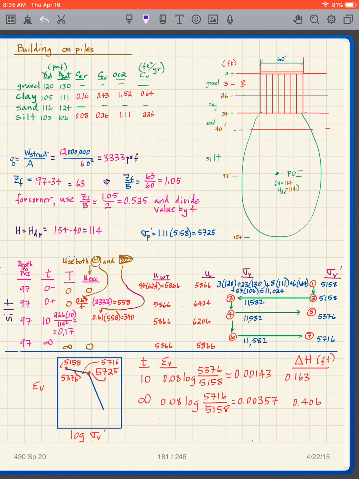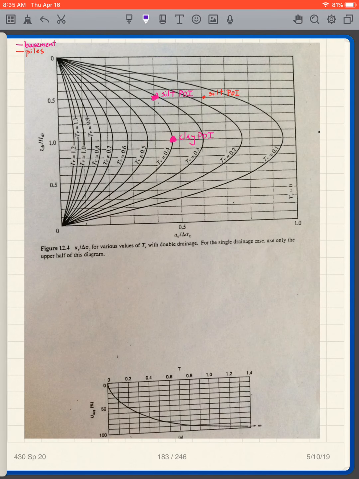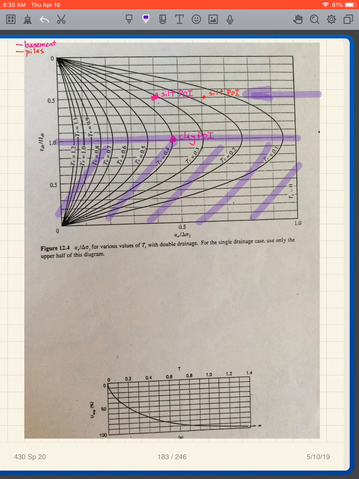Then we use our pore pressure curves. It's single drainage to get the factor, so we go into our chart here, because remember, for the single drainage portion, we cross off that. This becomes the middle of the silt.